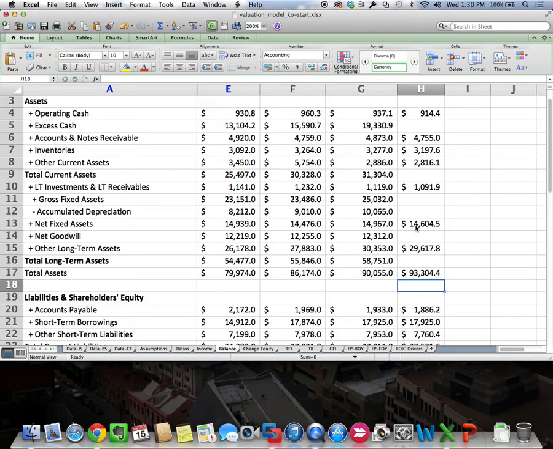I'm going to have to plug something in the asset to solve to get those total assets. Right? The plug for our model is going to be excess cash. So we're going to solve for excess cash. That means all of the other line items in the balance sheet have to be finished, and then we solve for excess cash to get the balance sheet to balance.